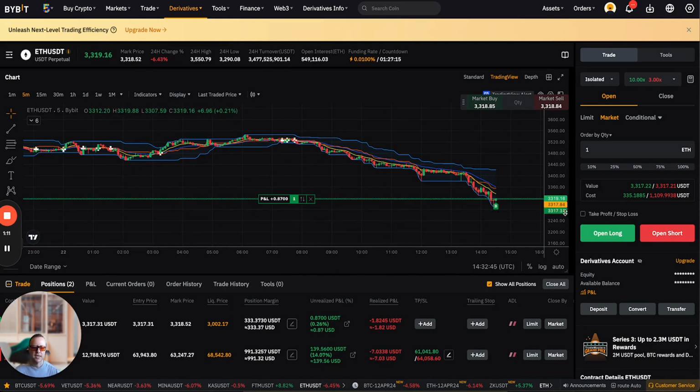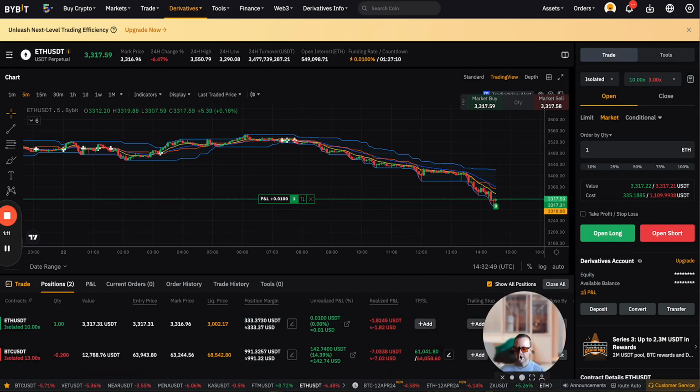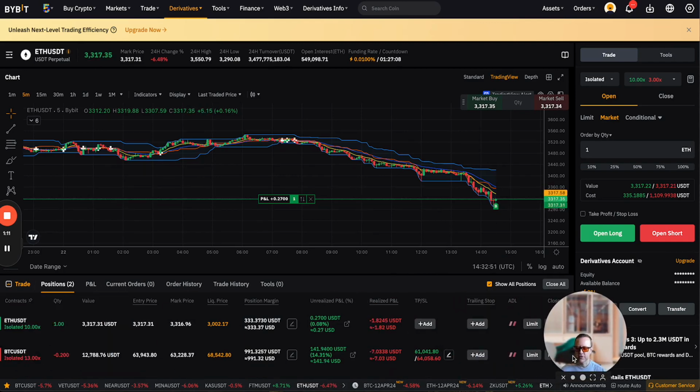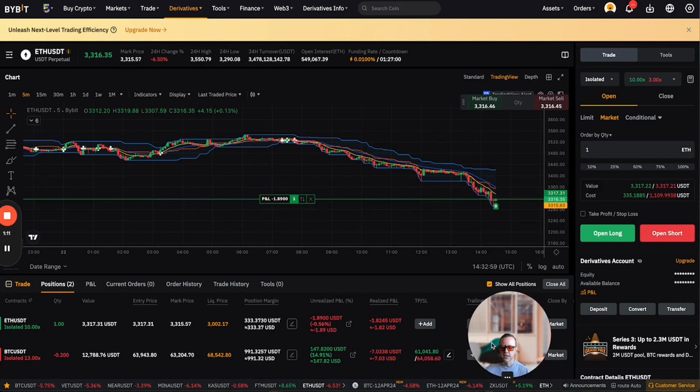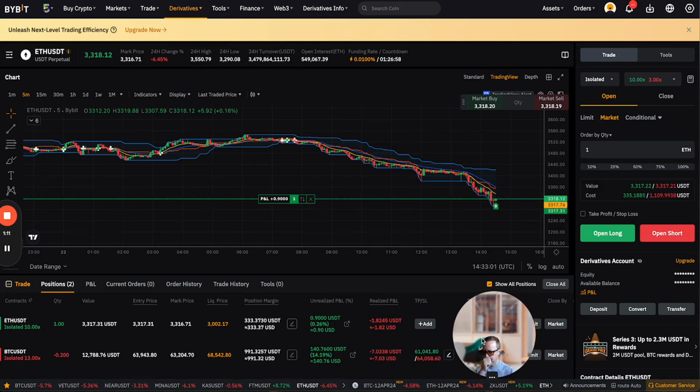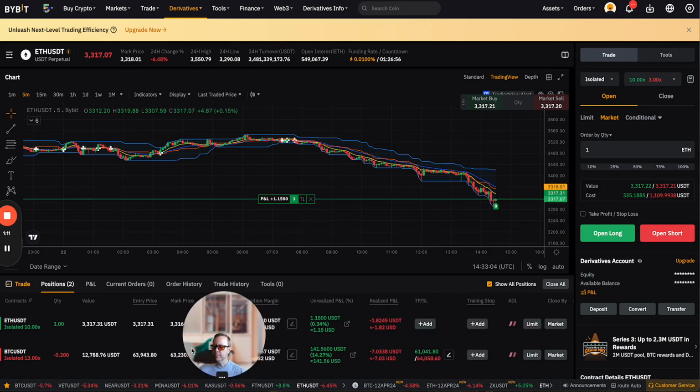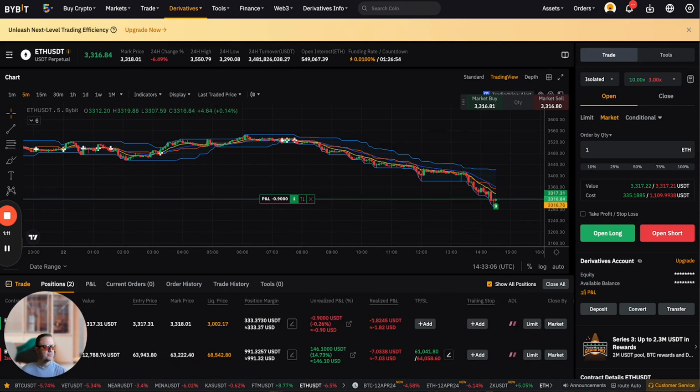I'll try to protect my position a little more because now I have, I was intending to have a third of the size, but I have a $3,300 ETH position. I actually only intended to have a $1,100 ETH position. So my velocity of money will be a bit greater, right?